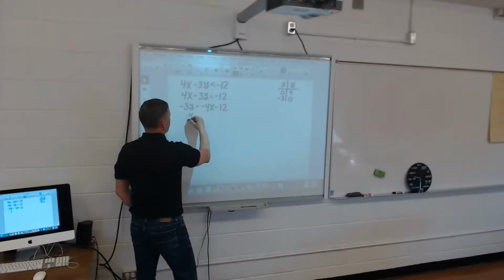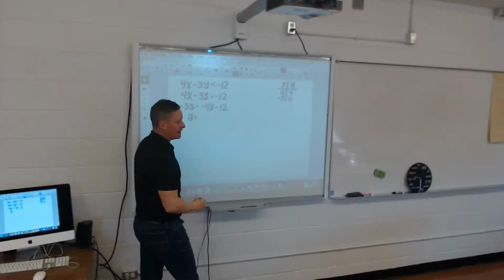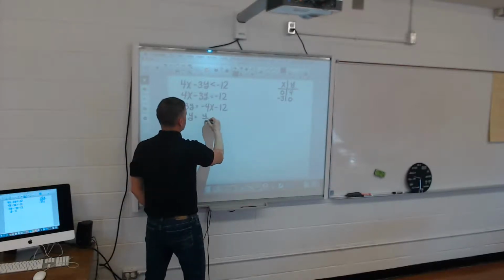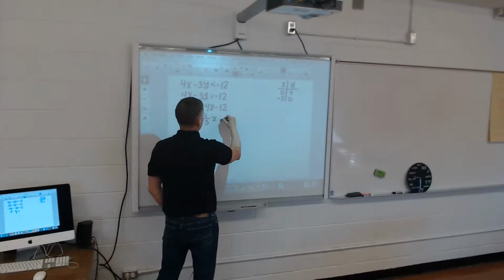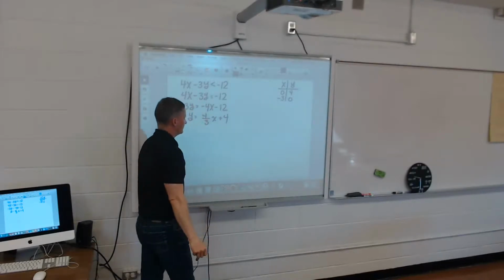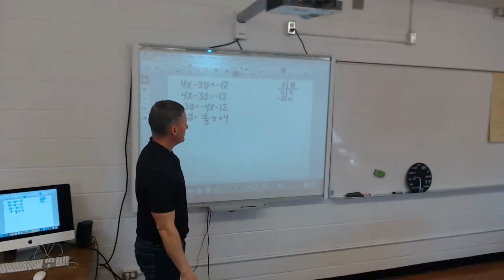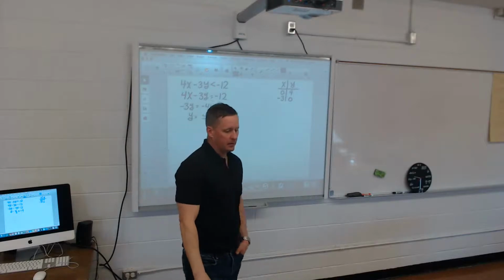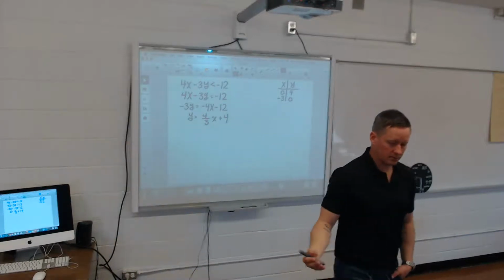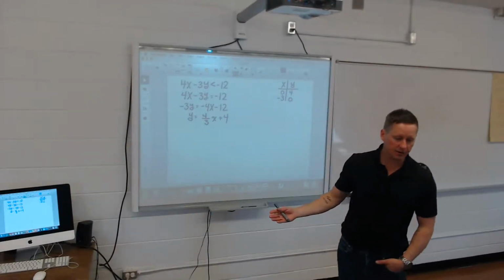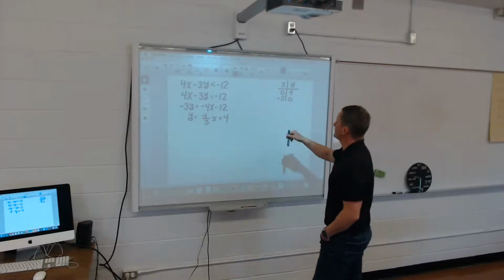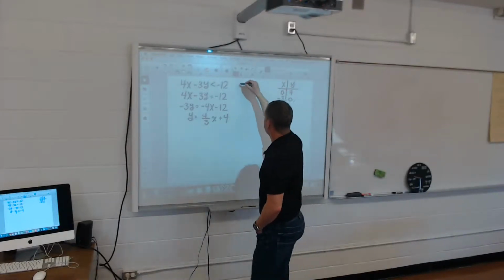I'm going to divide by negative 3. So 4/3 x plus 4. Okay? So both of those are simple methods in order to graph this. So let's graph it now.